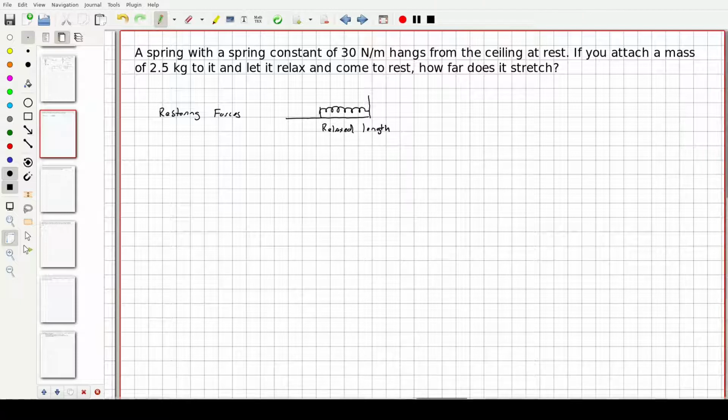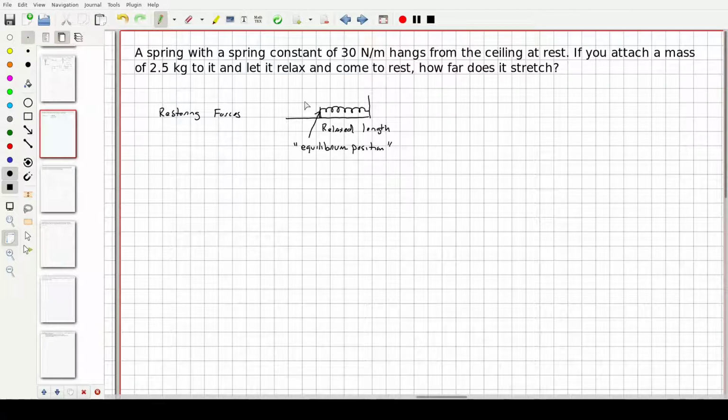And the end of the spring where you would connect something is at a location that we typically would call the equilibrium position. Equilibrium meaning in balance. It's neither pulling nor pushing.